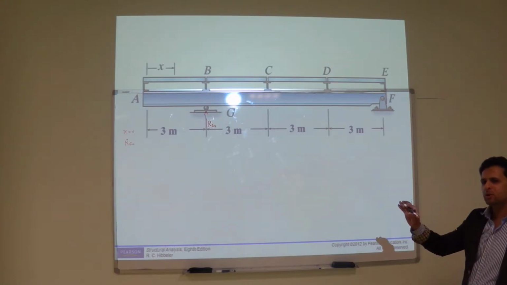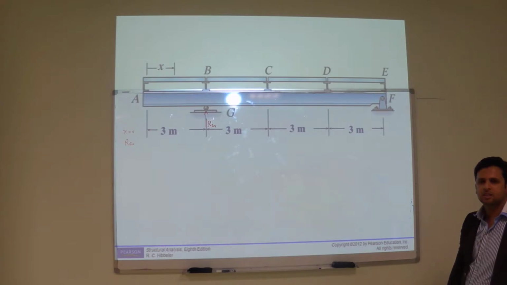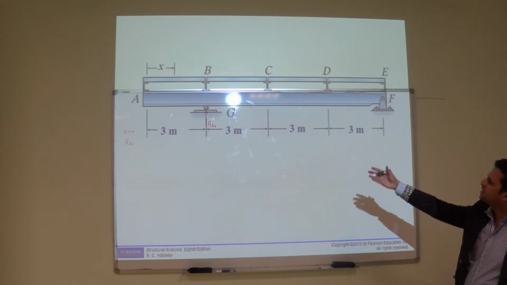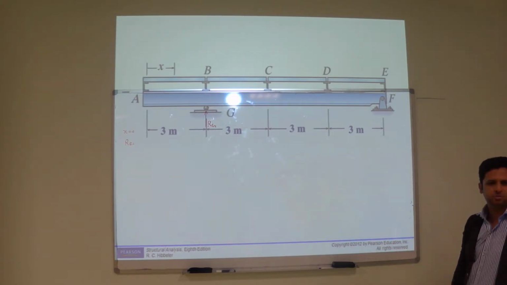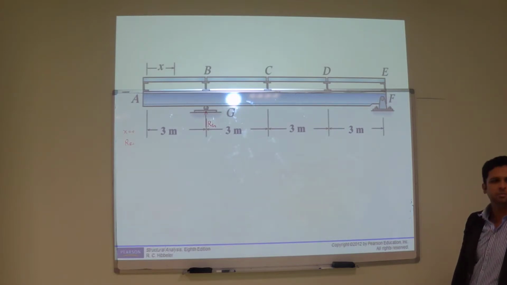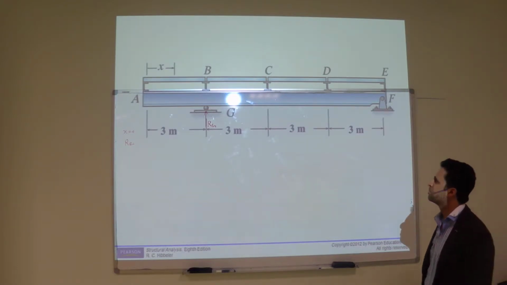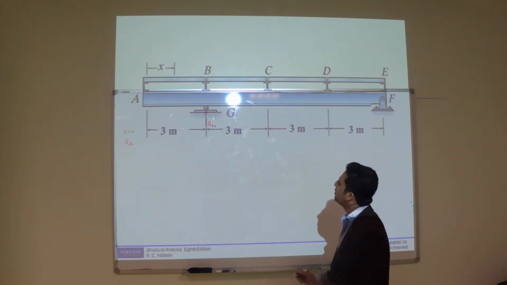Do you want to write the equation or directly calculate? Yes, it will be the same equation which we drew before, just the distances will change. Instead of 4 over 3, it will be 12 over 9, and it will become the same.